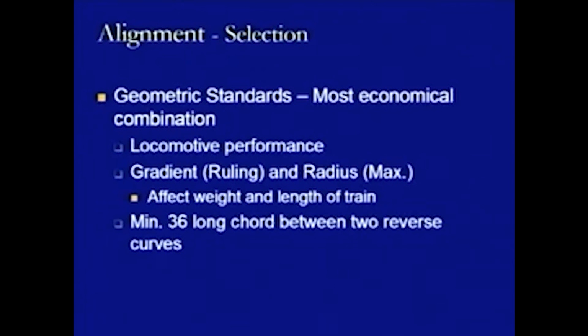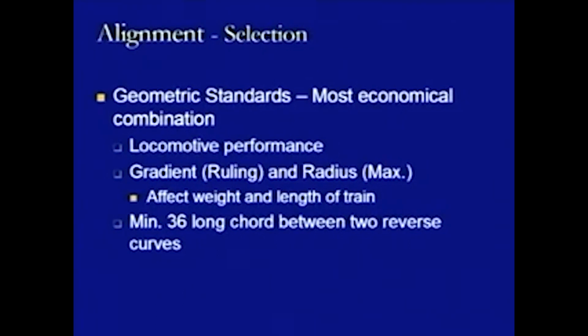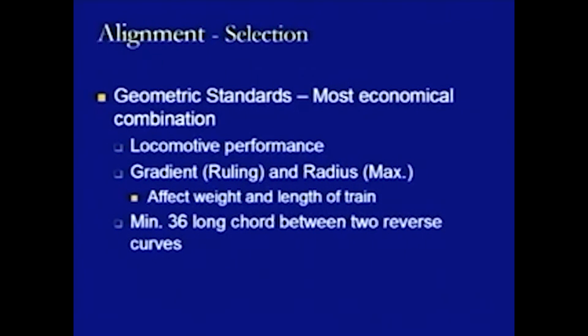In the case of the gradient, it is important to fix the gradient as far as possible at the value of a ruling gradient, which is related to the locomotive performance. As long as a ruling gradient is provided, there is not much loss in locomotive performance, but as soon as it is steeper than this, the performance will reduce sharply. Similarly, for a curve, as far as possible the maximum radius should be provided.